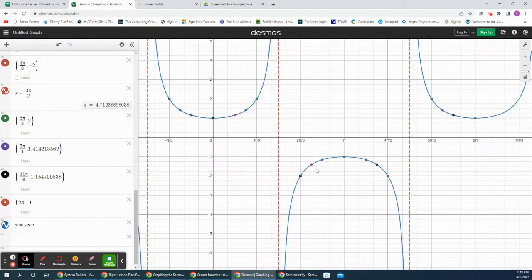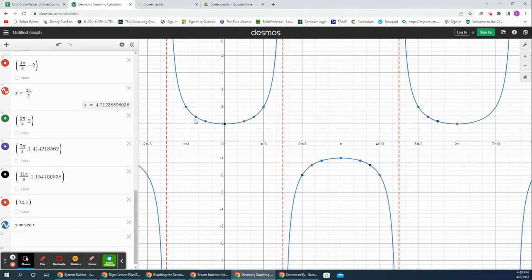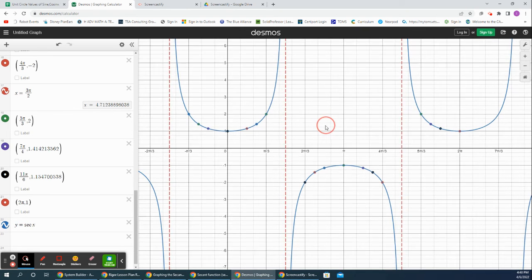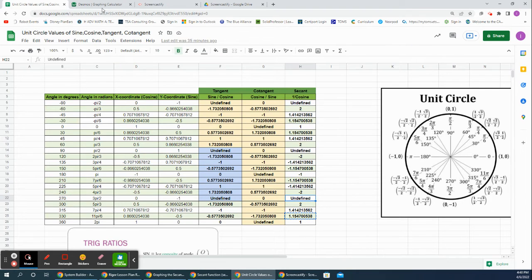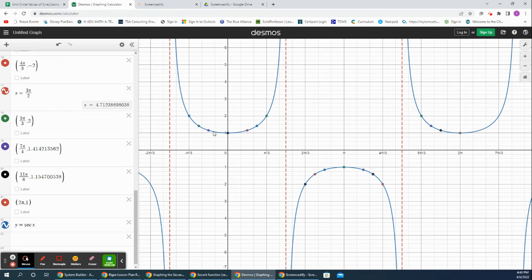So again, if we zoom back in, we can identify that yes, indeed, all of the points that we created in our table, this table right here, are exactly going through our function secant.